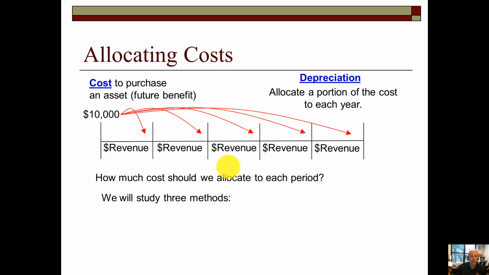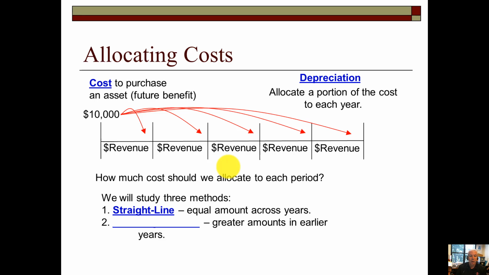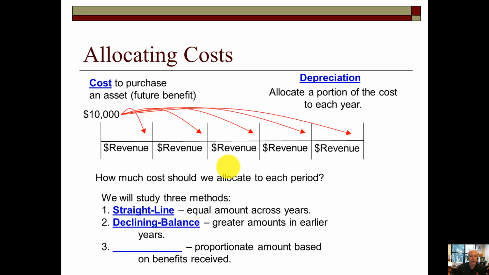We will study 3 methods, and as you know, those 3 methods are SAD. Equal amounts across years is known as straight line. It's the easiest method. Where we record greater amounts of depreciation in the earlier years and less in the later years is known as declining balance. And finally, where we use a proportionate amount based on the benefits received in a given period, that's known as the activity-based method.